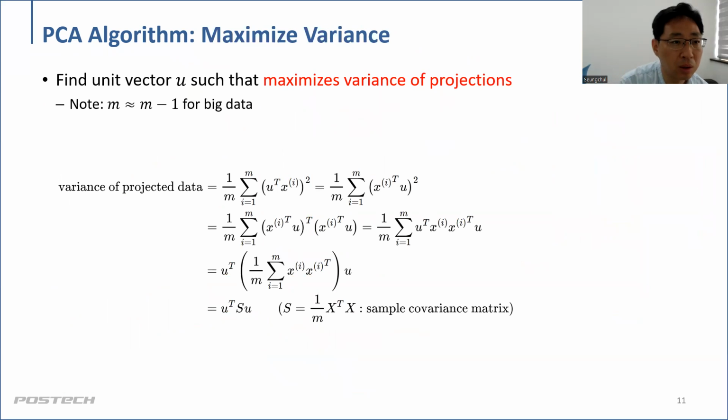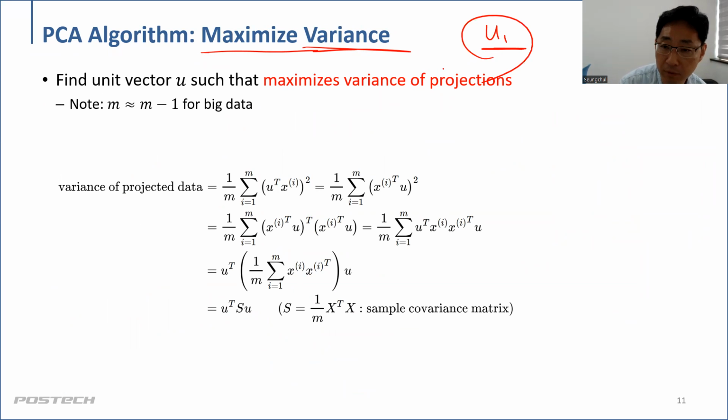Now, I want to compute the variance and maximize it. Remember, with different u of 1 we will get different variance, and I want to maximize it. I want to find the u of 1 such that it maximizes the variance.